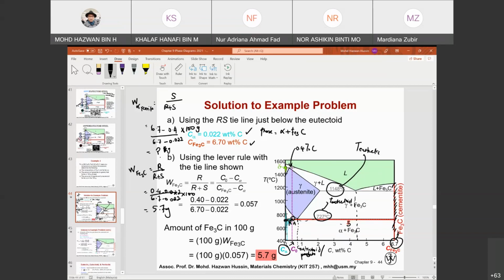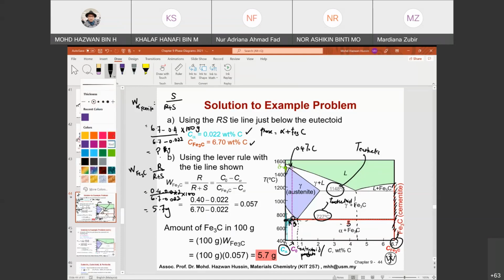So now the story is slightly different. The tie line that we are looking at now, the S line, it didn't go until cementite. It just goes until this line. Dia punya line tu stop sampai kat sini. I think I should use a different color lah.